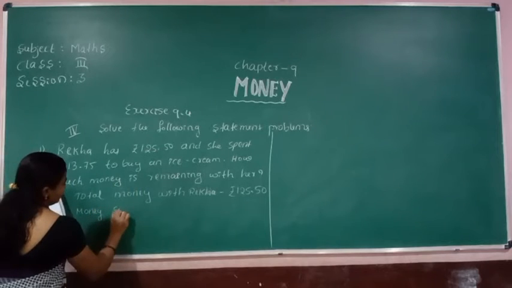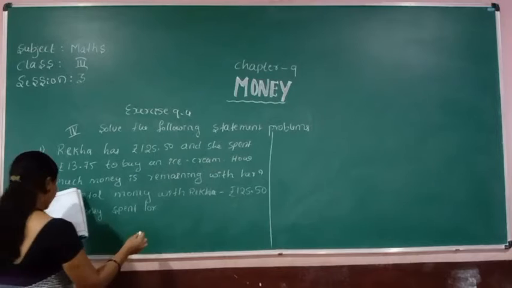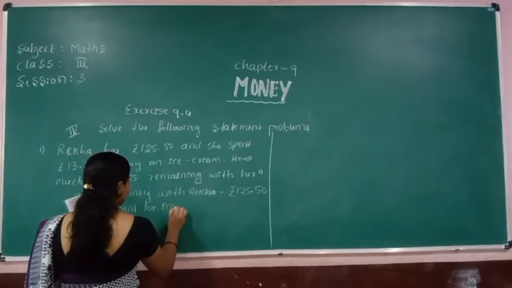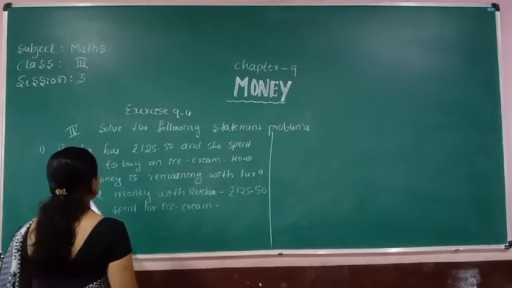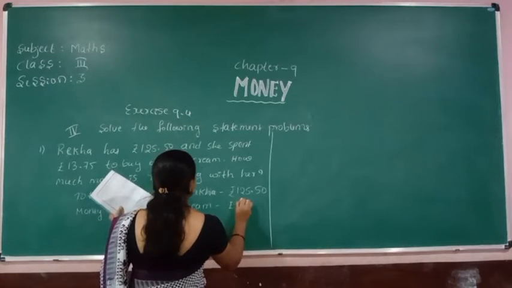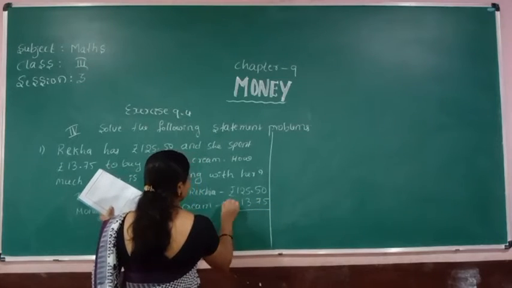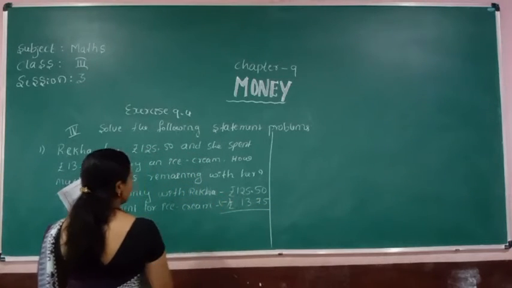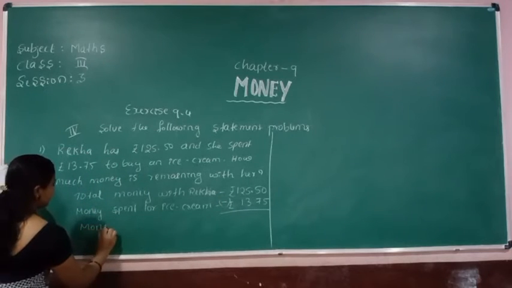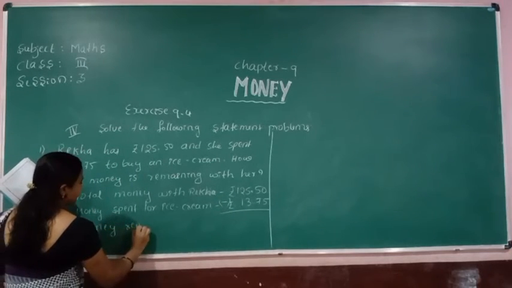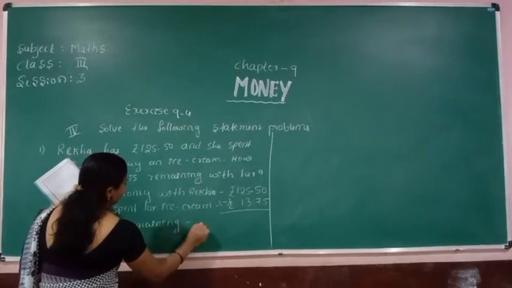How much did she spend to take ice cream? Rupees 13.75 paise for ice cream. Okay, so we will subtract both. Money remaining. How much money does she have remaining?